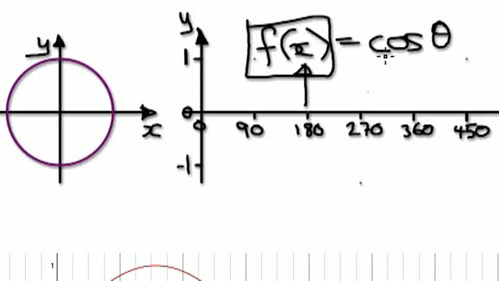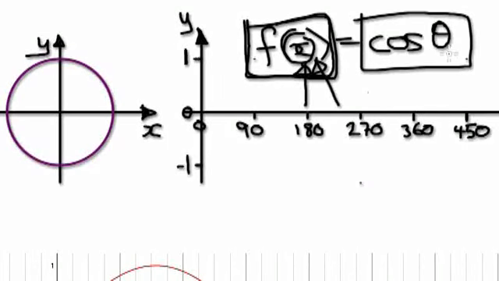If you look over here, there's no x, so this doesn't make sense. That's why you have to say f of x equals cos of x. It means I'm going to get this x and put it in here.